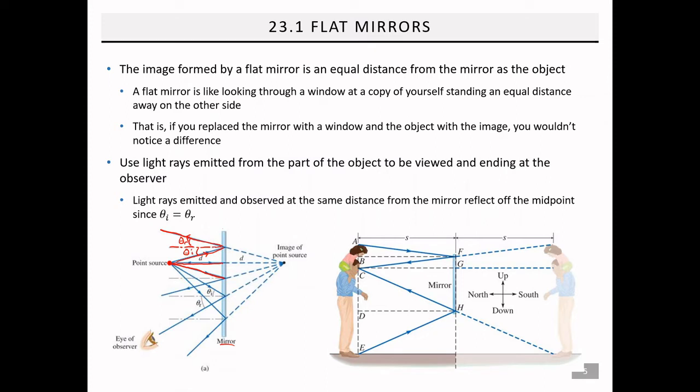So that light ray reflects off the mirror at the same angle that it is incident upon the mirror. This is going to be true for all of the light rays bouncing off the flat mirror specifically.